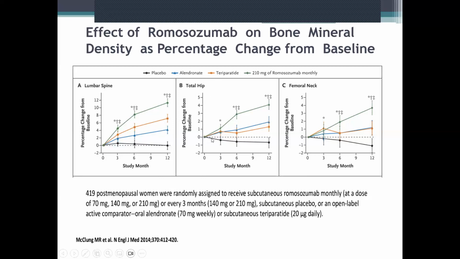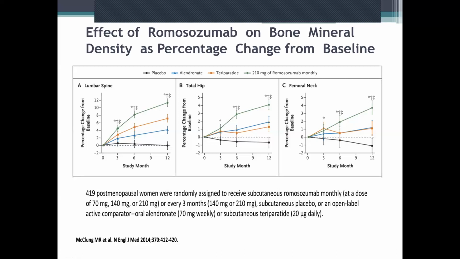When we look at the hip bone density, the alendronate actually performs slightly better than teriparatide, but again, with romosozumab, you have very good hip BMD gains. As I mentioned from the table earlier, teriparatide and bisphosphonates are comparable in terms of improving hip BMD.